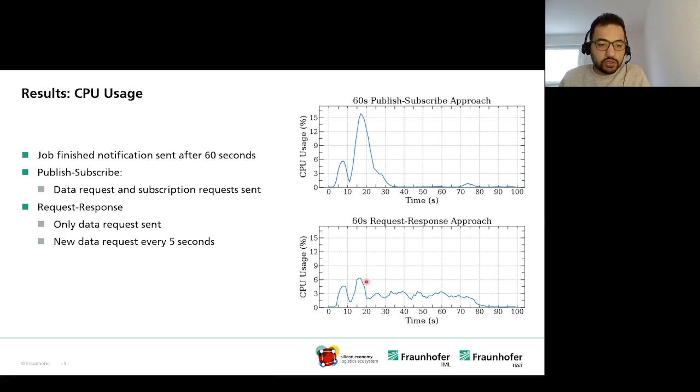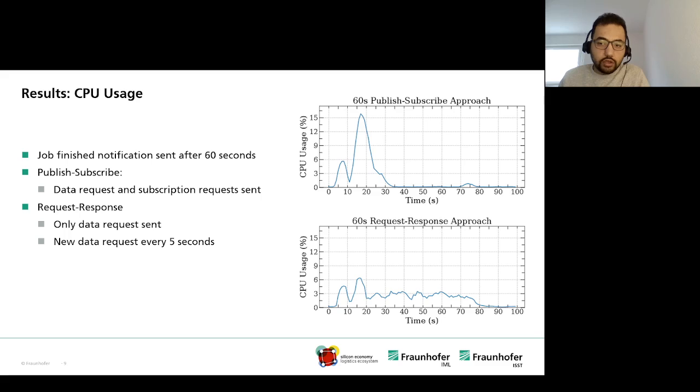But in the request-response approach, the system keeps polling the provider every 5 seconds to check whether new updates or new notifications are available. Here we don't see the spike at the beginning because the system does not request to subscribe, therefore it's missing that overhead, and it maintains a relatively stable CPU usage throughout the duration.